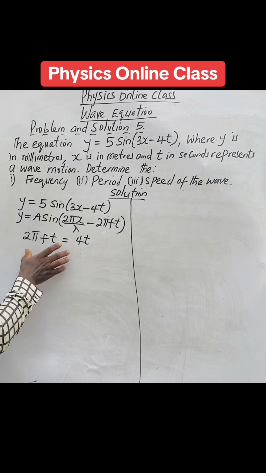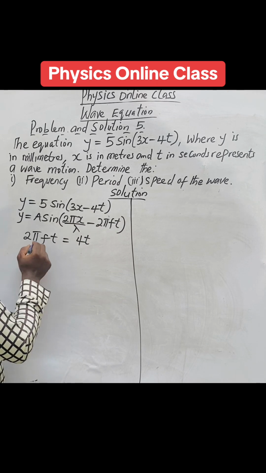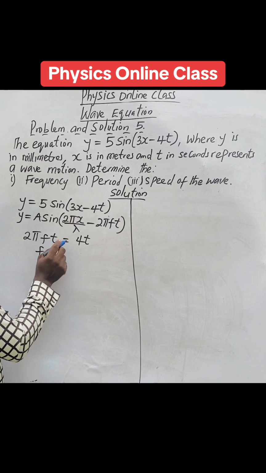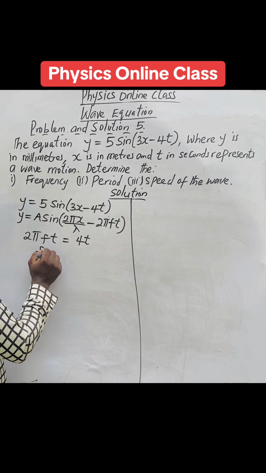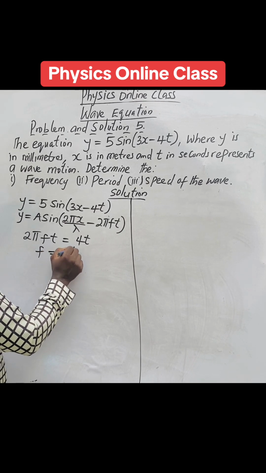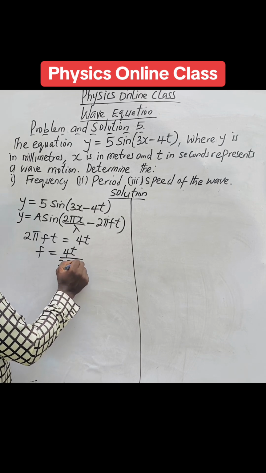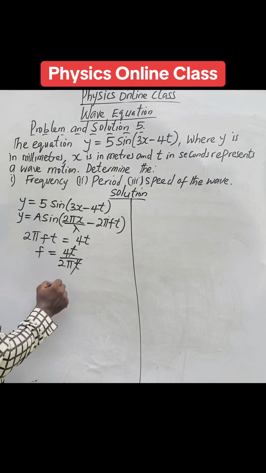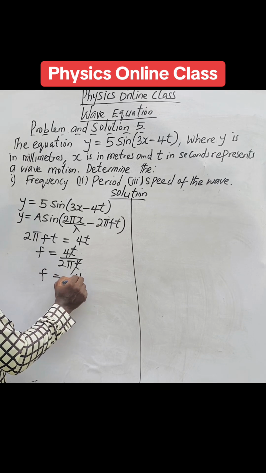So what you do now is to simplify and get the value of your f. Divide both sides by 2 pi t. So you have f equal to 4t all over 2 pi t. So this t will go with this one.